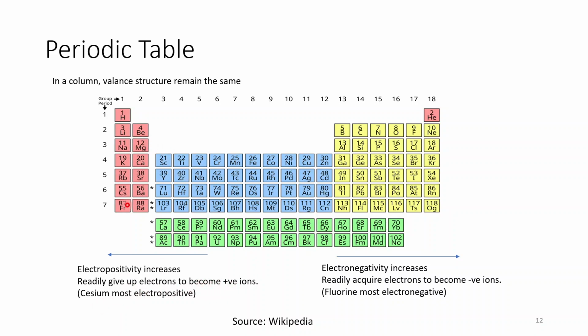In this case, cesium is the most electropositive metal. And on this side you have metals. On this side you have semi-metals or metalloids around carbon, silicon, these. And then at the right side you find non-metals.